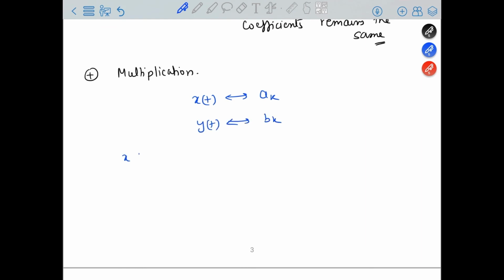Then suppose we multiply x t and y t, we will get coefficient h k as summation L equals minus infinity to infinity a of L b of k minus L. And if you see this in a generalized manner, this is the discrete time convolution.